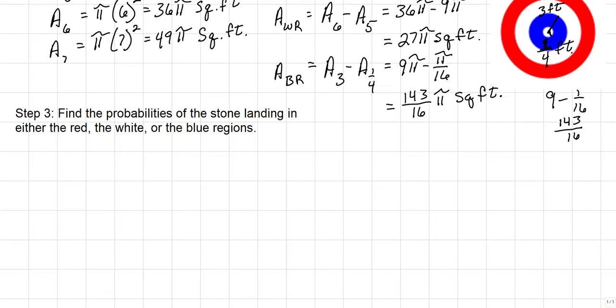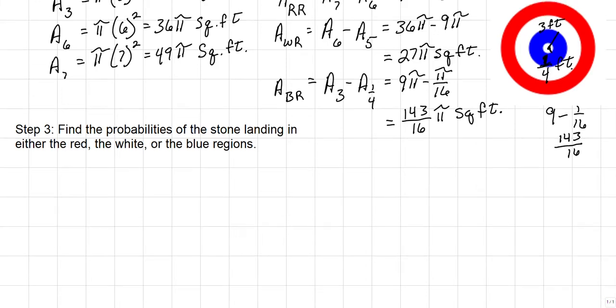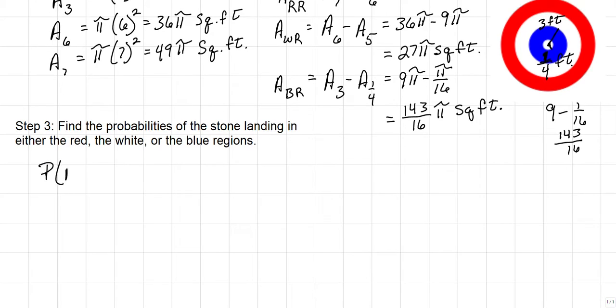So we're going to go ahead and use the probability formula, and remembering that P of E, the probability of the event, is going to be equal to N of E, which is the number of favorable outcomes, over N of S, which is the number of outcomes in the sample space.